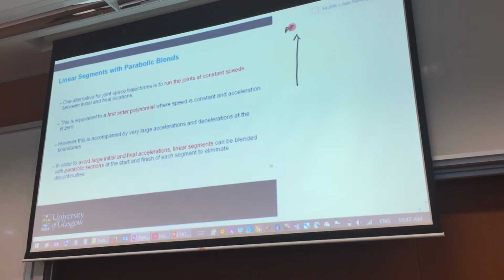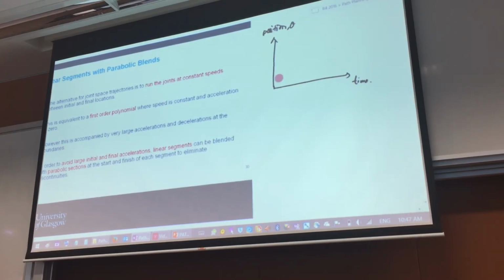This axis is position, position meaning theta, and then this axis is time. So in order for the linkage arm to move through, we were talking about it needs to have what we call the acceleration phase, right? And then a constant velocity phase, and then the deceleration phase.